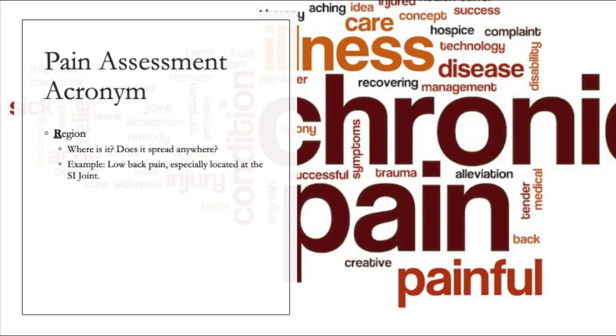They might say, well, it's especially located over here near my right SI joint, which, I mean, you won't have patients say SI joint a lot of the time, but they'll say my right lower back. And so you have to determine, is it more flank pain or is it more specific SI joint pain? Because a lot of people with degenerative joint disease will have specific SI joint pain. And so it's important that you're able to document that region of where it's at.